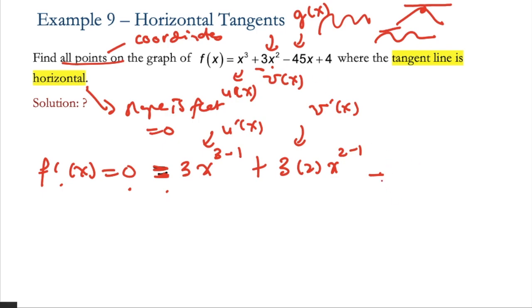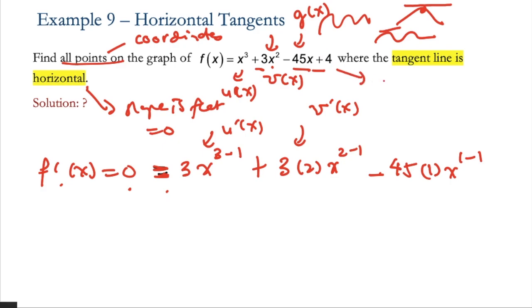So write minus. This is coefficient derivative rules as well. So here we have 45, write down minus, and then x to the power of 1 minus 1. Why? Because this one is x to the power of 1. Let me write it clearly so that you can see clearly, otherwise it becomes a mess.